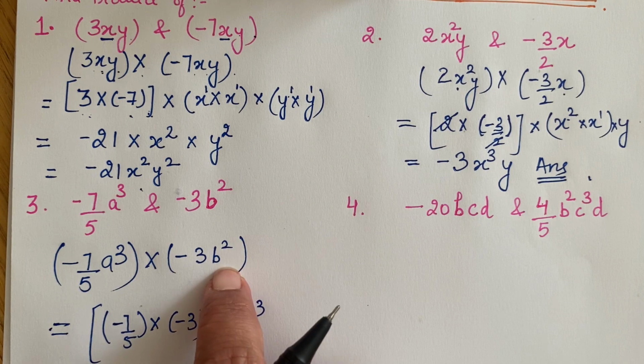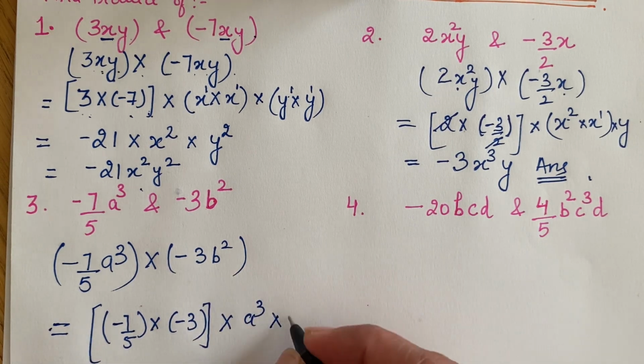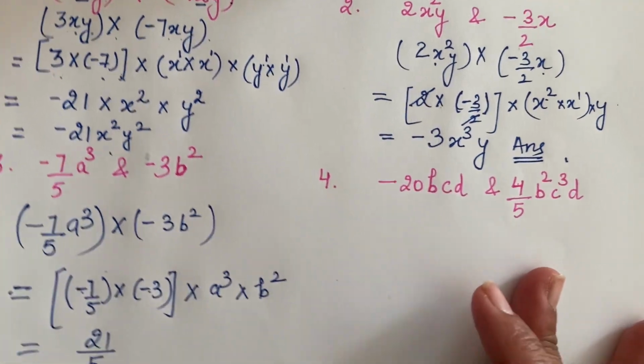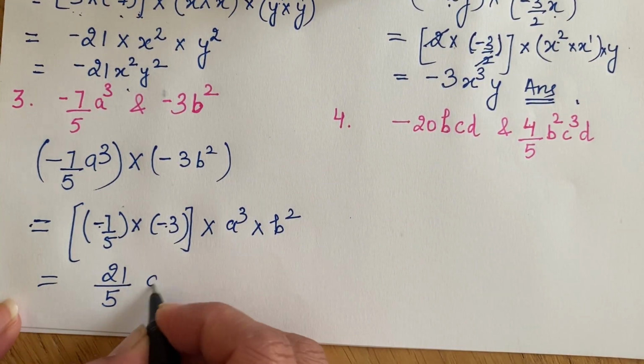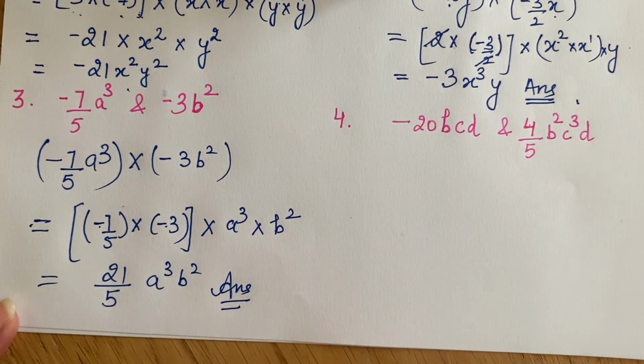In this monomial, b is the only variable. So I'll write a raised to the power 3 and b raised to the power 2. I'll solve this bracket. Minus minus will become plus. 7 3s are 21, upon 5. I can't cancel numerator with denominator because there is no common factor. Hence, 21 by 5 a cube b square will be the answer.